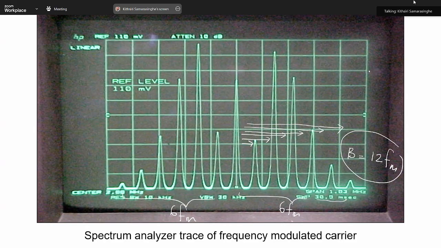For AM, this is the modulated signal bandwidth. Now, this is the modulated signal bandwidth with FM, which is 6 times higher. You can notice when the same audio tone is modulated on a carrier using FM, it consumes 6 times higher bandwidth than AM.